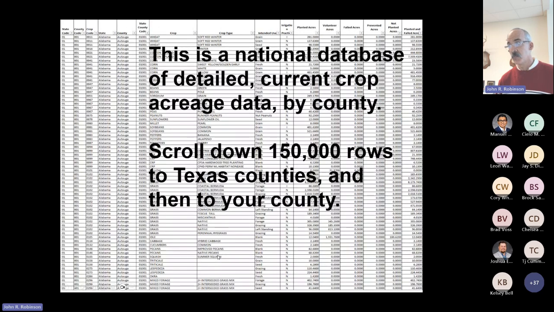Now this is intimidating. This is an alphabetized list of crops by county, by state, starting with Autauga County, Alabama.